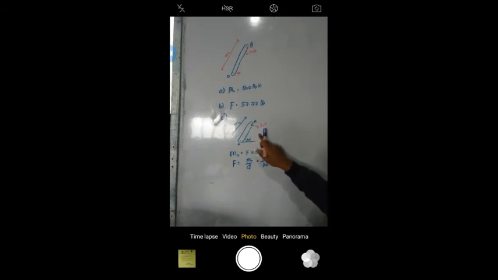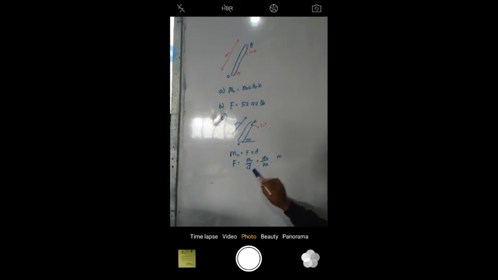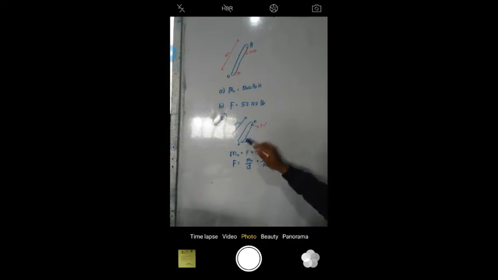What is the location of our force? It's because to find the smallest value, our D should be maximum. And how do we identify the maximum distance? It is the perpendicular distance of this one.